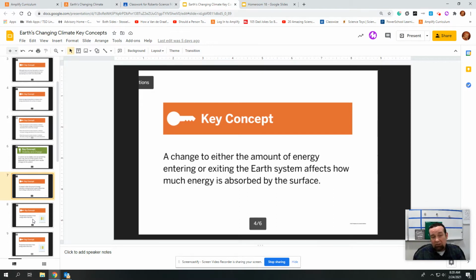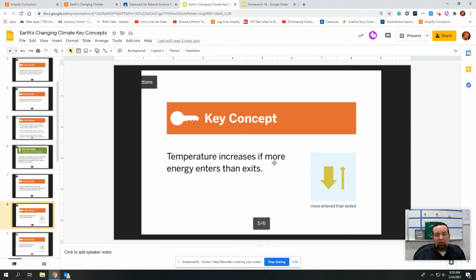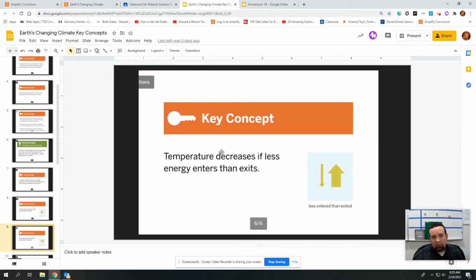In other words, it affects our temperature. And we can see that here. Temperature increases when more energy is coming into the system than is going out. And the exact opposite is true. Temperature decreases if there is less energy coming in than is exiting the system.